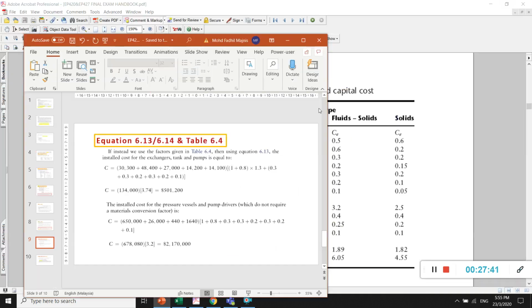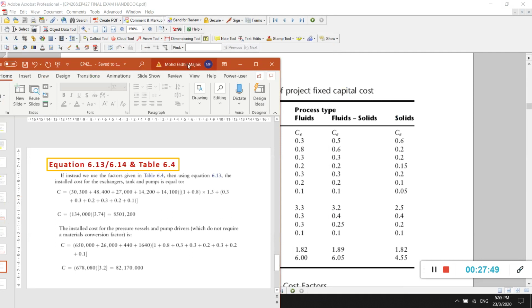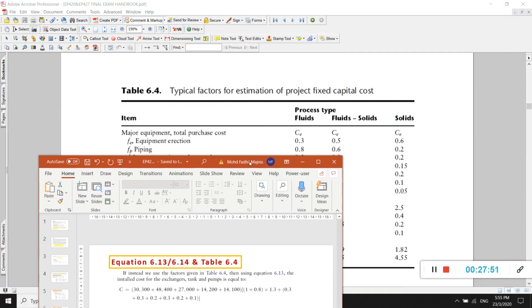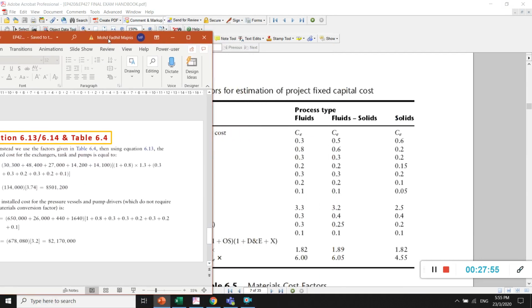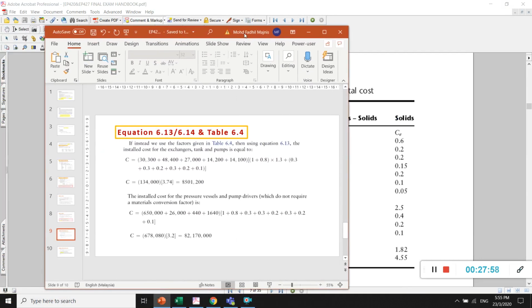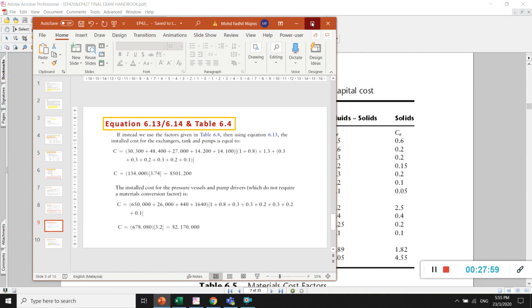Or wait, the piping is 1 plus 0.8, because the piping factor is 0.8. So actually, what's the equation? We need to check what the equation is for this.